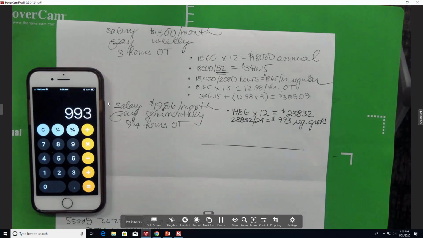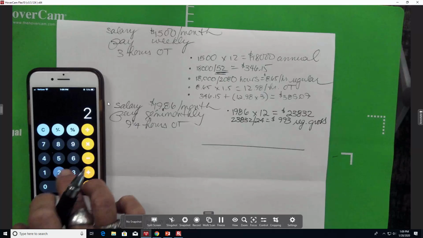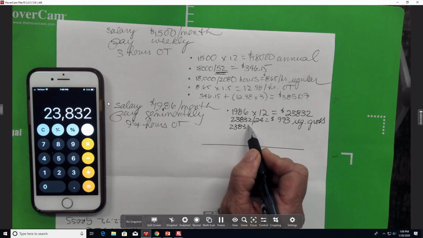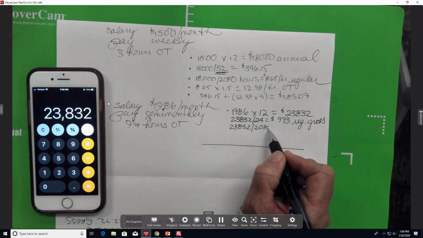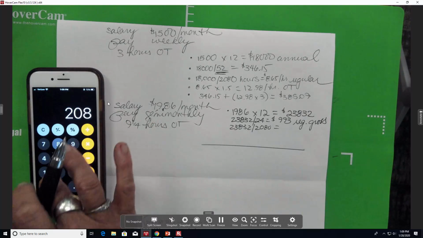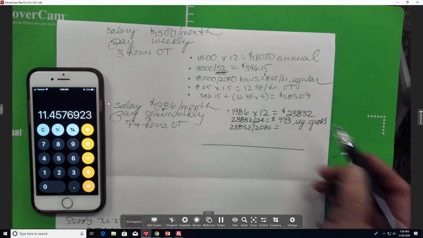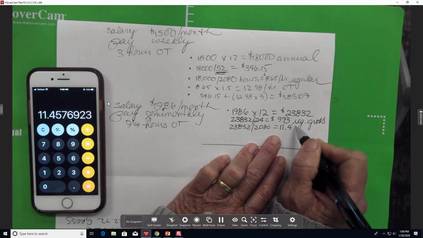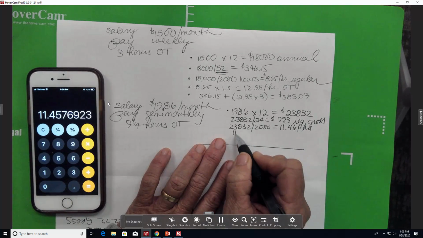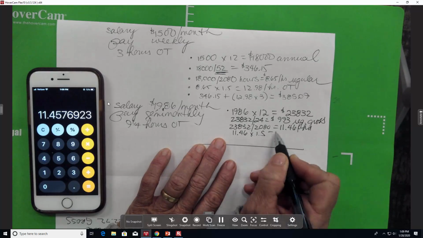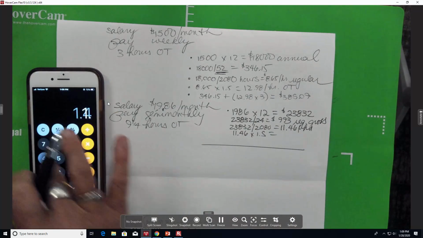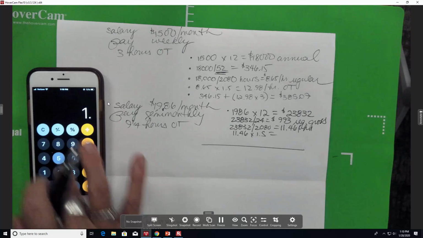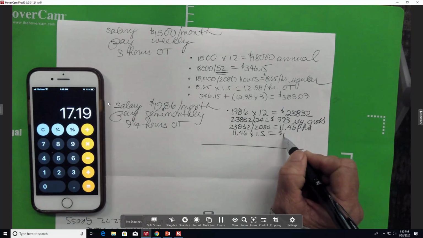Okay, Hannah, what do I do next? Then you divide the annual salary by the number of hours in the year. Yep. So what is her hourly wage? 11.64. 46? Transposing numbers in accounting sucks. 0.46 times 1.5. 17.19 an hour OT.